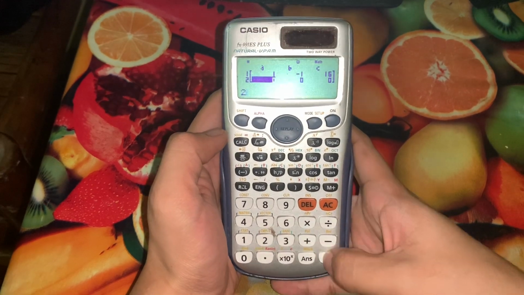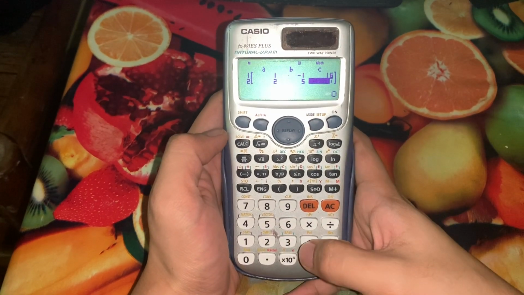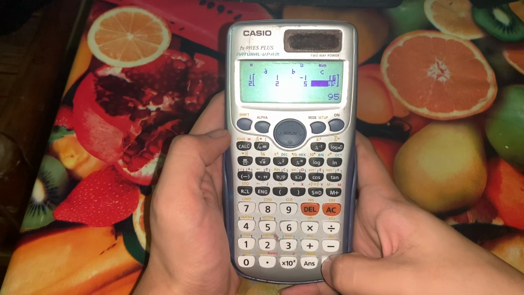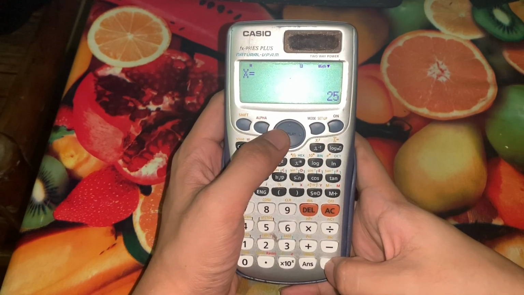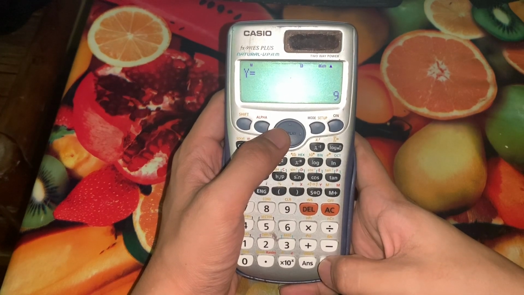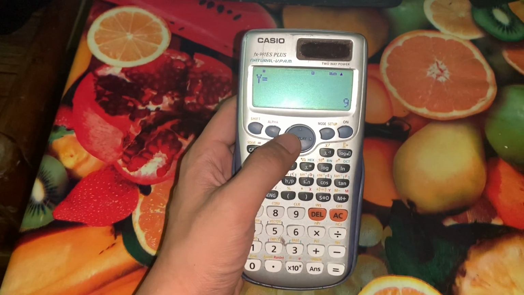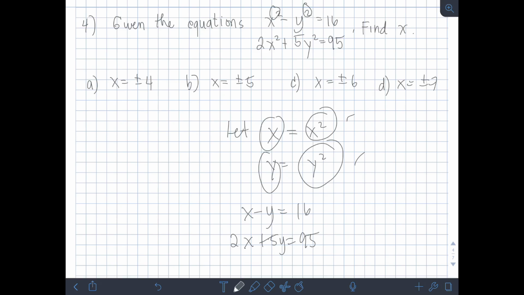So, we have 2 equals 5 equals 95. And then, press equal sign to solve for x at y. So, we have x is equal to 25 and y is equal to 9. Okay? So, since nasolve natin na x ay 25, tapos yung y ay 9, ito yung magiging equation natin.